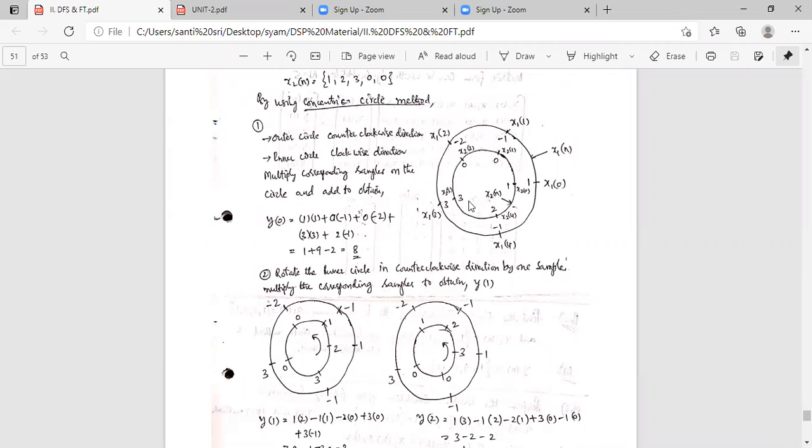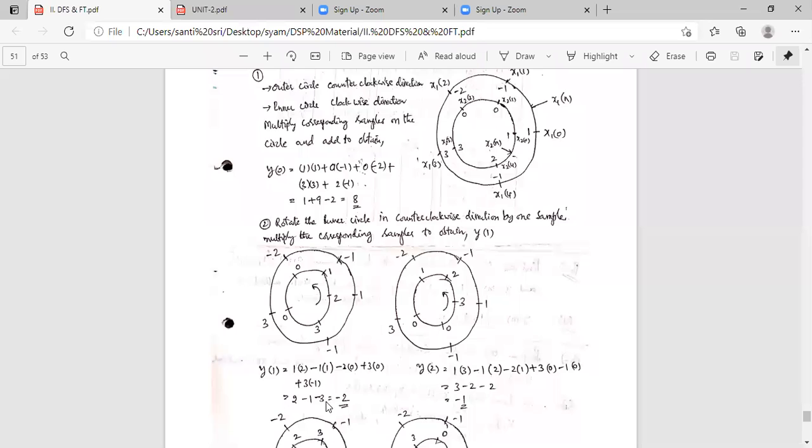The outermost circle will not be disturbed. Only we will rotate the innermost circle in counter-clockwise direction by one sample, so that we will get y of 1. Multiply these values: 1 into 2 plus minus 1 into 1 plus minus 2 into 0 plus 3 into 0 plus 3 into minus 1, so that we will get y of 1 as minus 2.